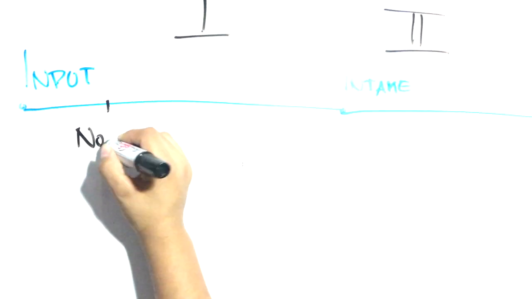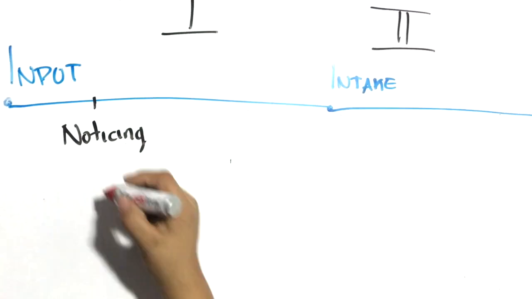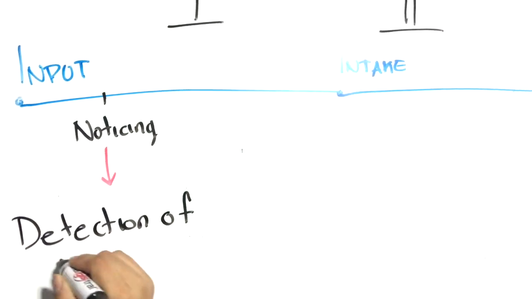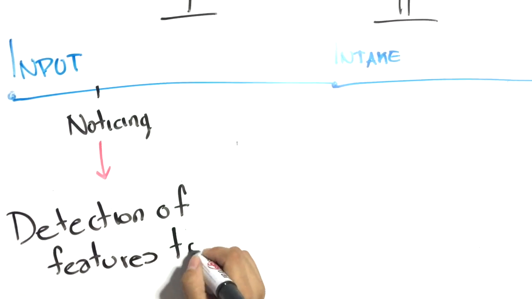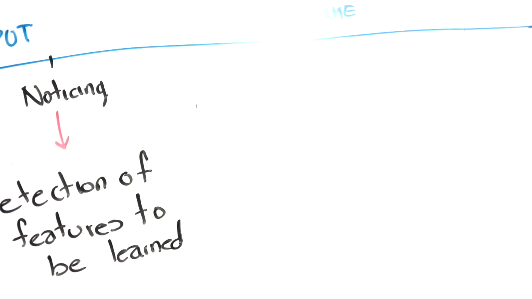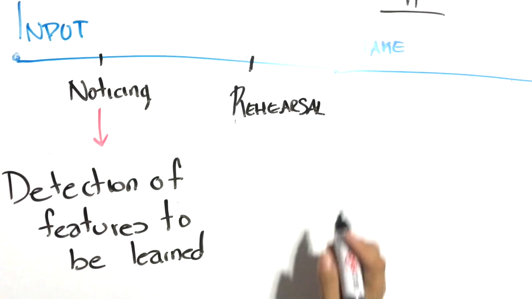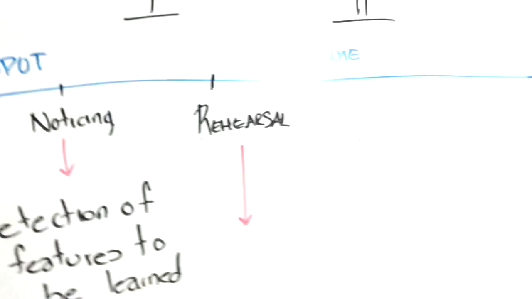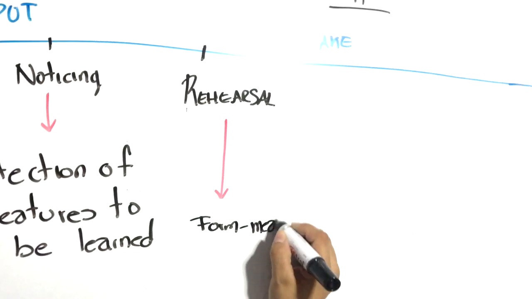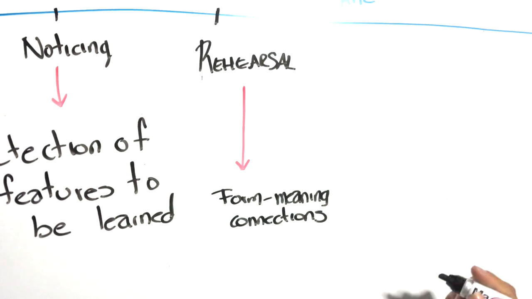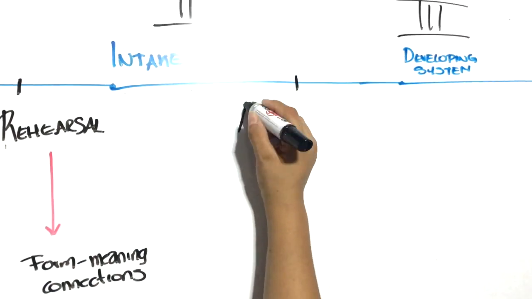When there is input of a new language, noticing happens. Noticing is the detection of new features to be learned. But in order to actually learn something, there has to be some rehearsal in order to connect a linguistic form to its function or meaning. In other words, form-meaning connections. And that is how we get to intake.